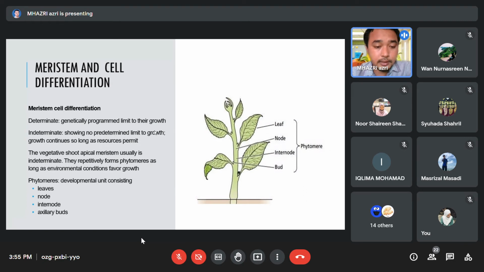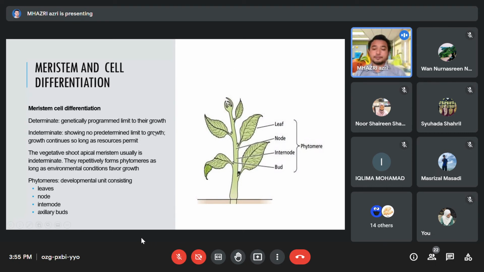They repetitively form phytomers. Okay, we have monomer, isomer, phytomers, what is it? A phytomer is a unit of what we call plant organs. For example, phytomers are plant units that consist of leaf, nodes, internodes, and axillary bud.